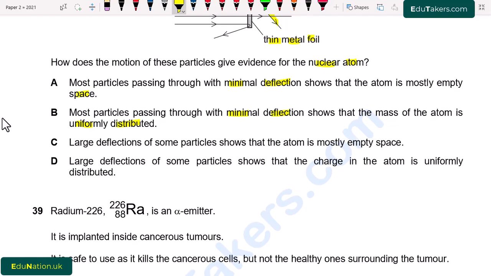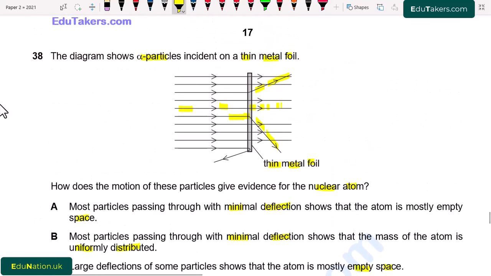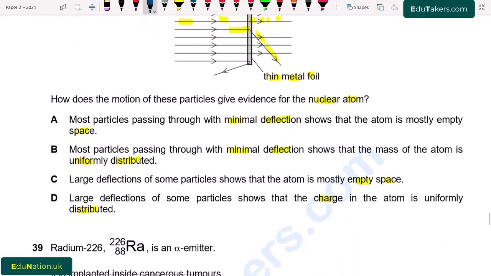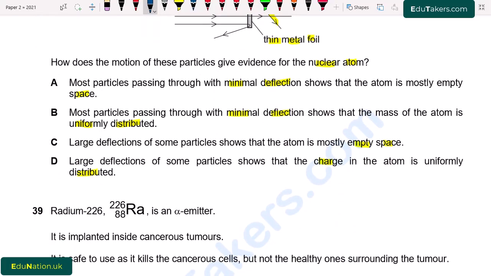C. Large deflection of some particles shows that the atom is mostly empty space. D. Large deflections of some particles show that the charge in the atom is uniformly distributed. So first of all, we see here that there is minimal deflection, which shows that the atom is empty space. So from here option A is correct.